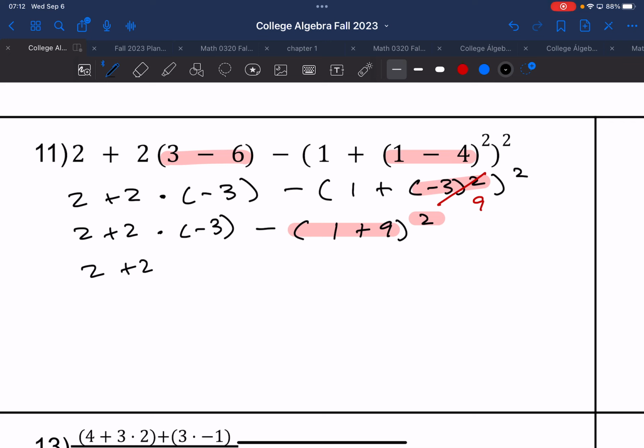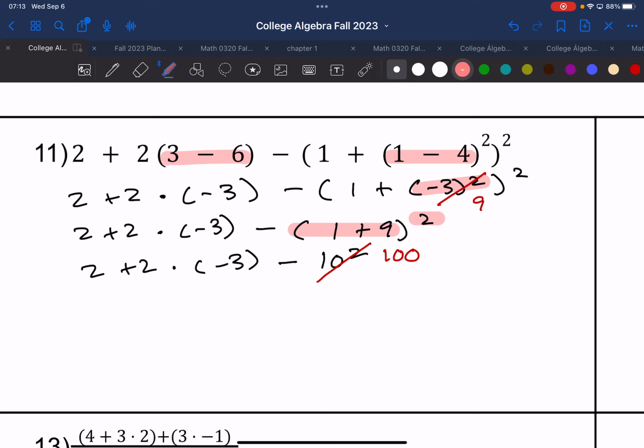So 2 plus 2 times negative 3 minus 8 squared. What's 8 squared? Or sorry, not 8 squared. That's 10 squared. 1 plus 9, 10 squared, which is what number? 100. Good.